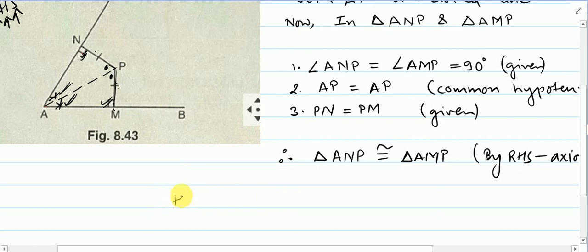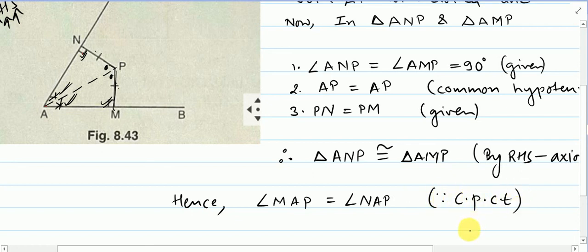So hence angle MAP is equal to angle NAP, since corresponding parts of congruent triangles are equal.